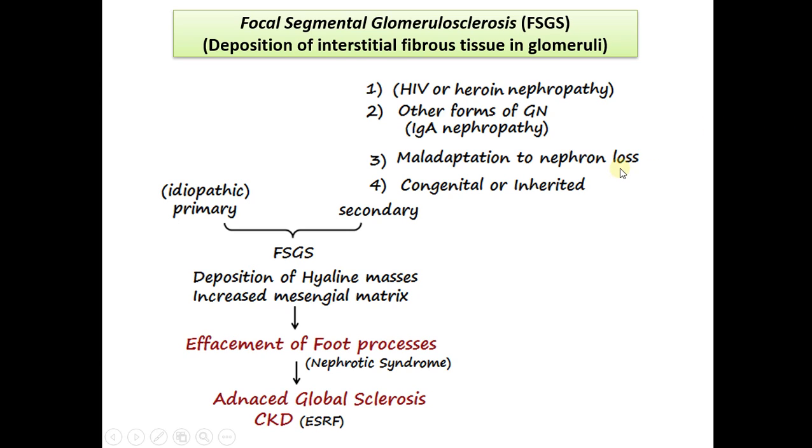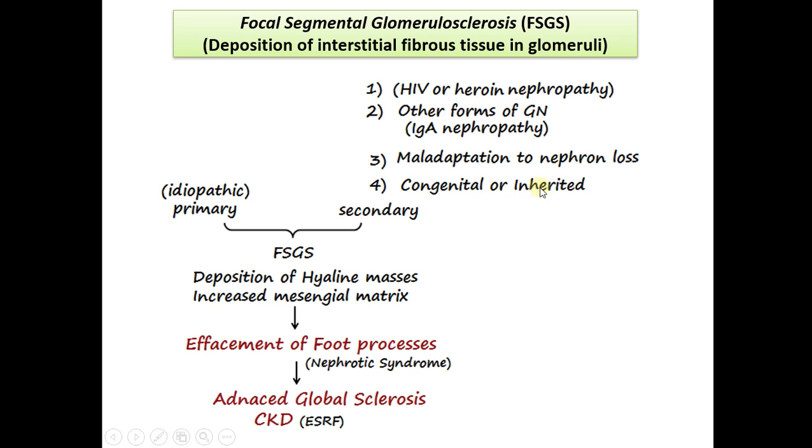However, this extra load in the form of hypertrophy and hyperplasia on the healthy nephrons will ultimately lead to increased intraglomerular pressure, increased capillary pressure or capillary hypertension, and gradually these healthy nephrons also undergo sclerosis. And as a result, when more than 75% loss of nephrons occurs, the patient will progress to end-stage renal failure.